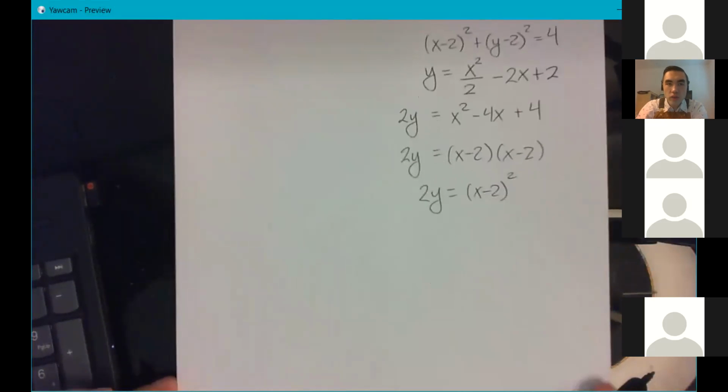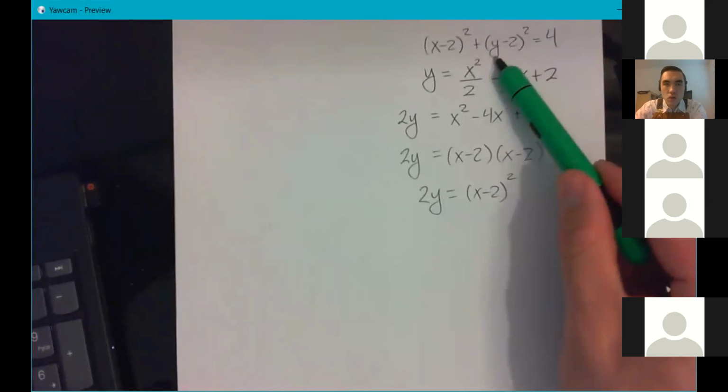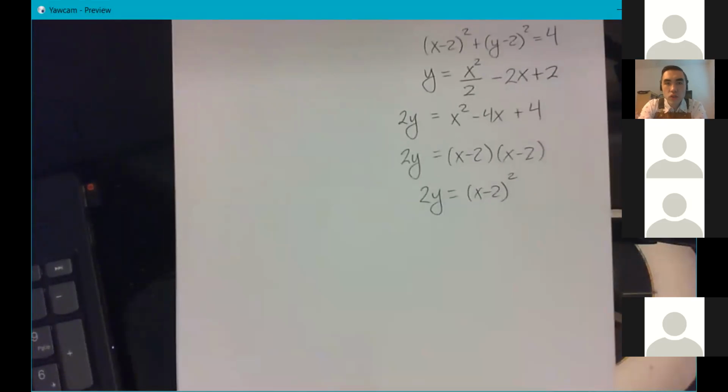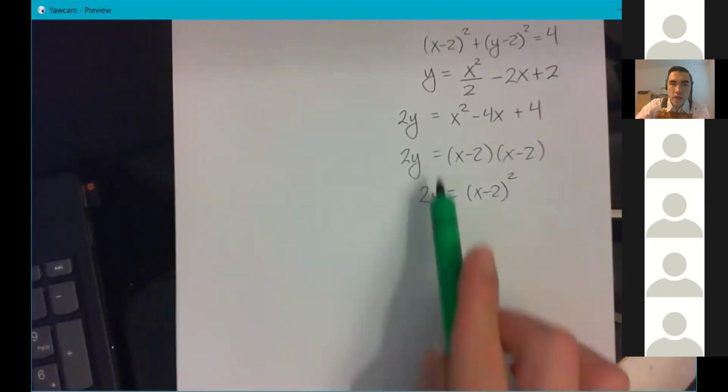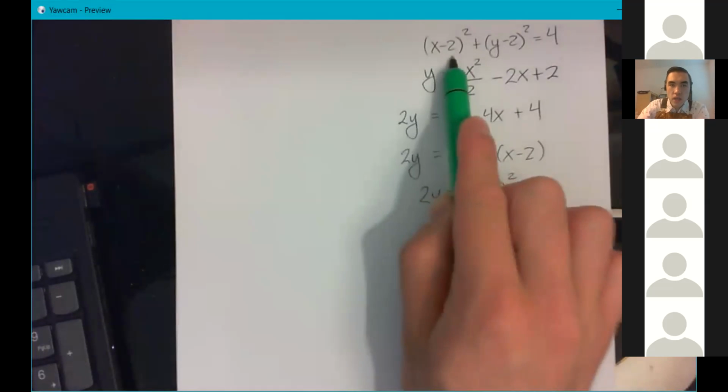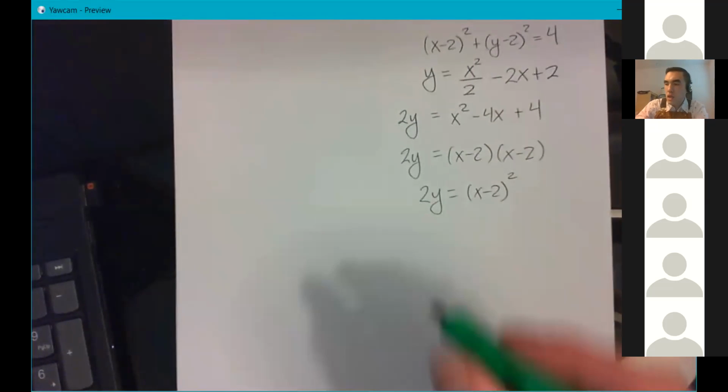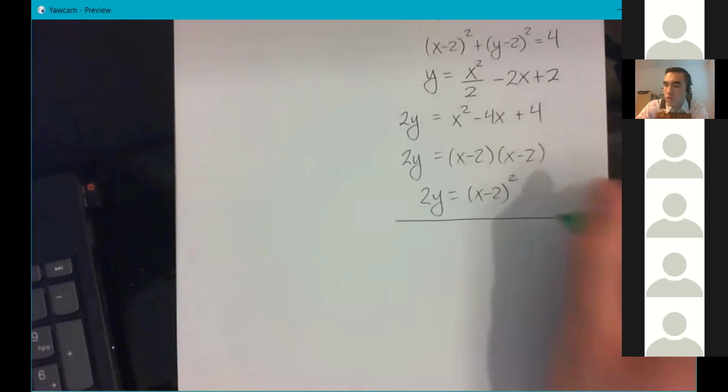And so instead of solving for y and popping that in up here, what much nicer substitution can I now make? 2y for x minus 2 squared. Yeah, I can take this 2y and plug it into this x minus 2 squared. So this next thing that I'm about to write is actually the equation of the circle.